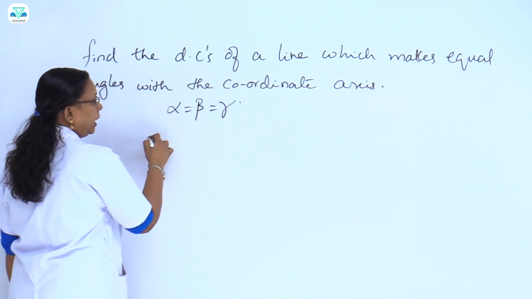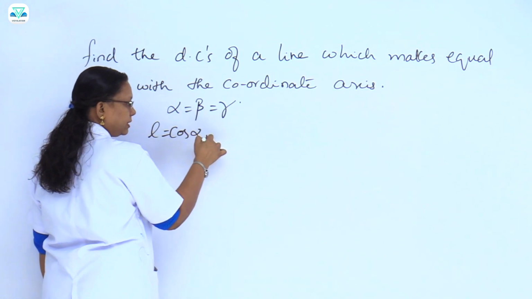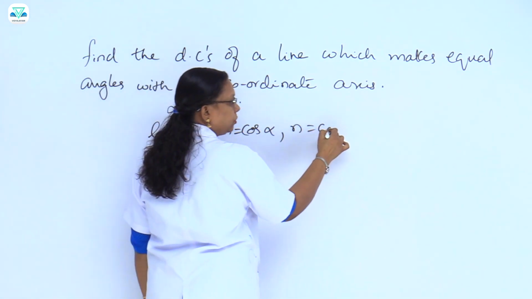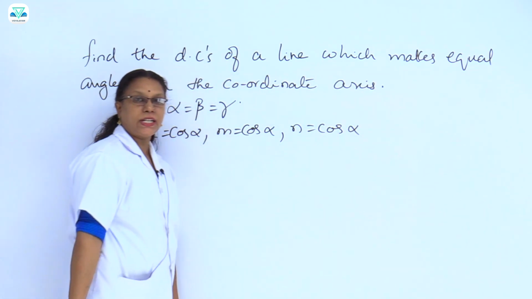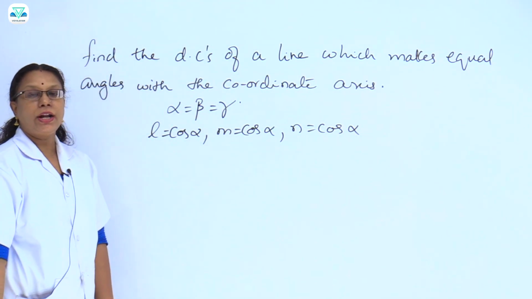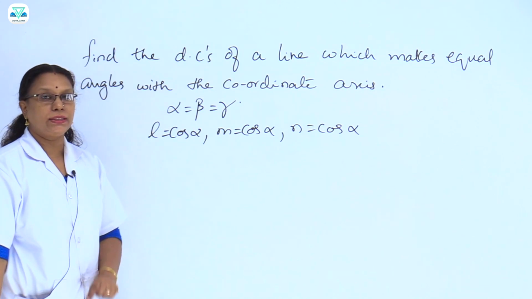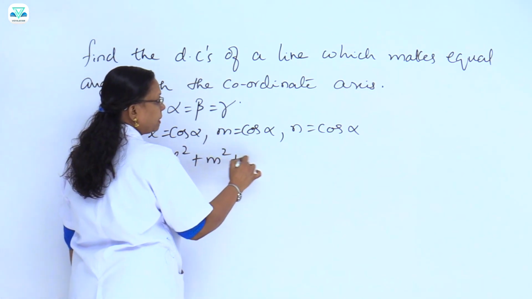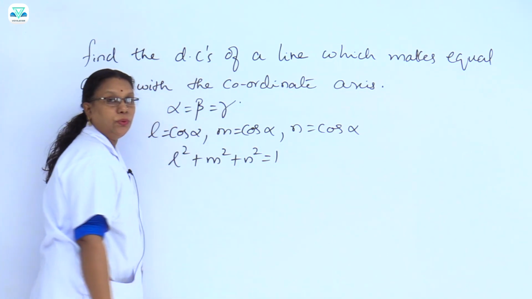So we have l is equal to cos alpha, m is equal to cos alpha and n is equal to cos alpha, because alpha, beta, gamma are equal. Now let us find that equal angle. For that we have the relation l square plus m square plus n square equal to 1.